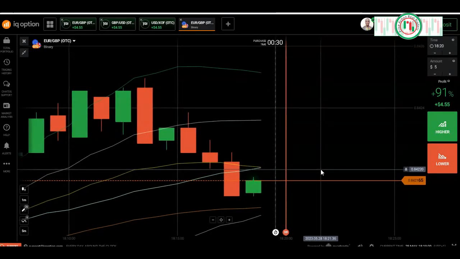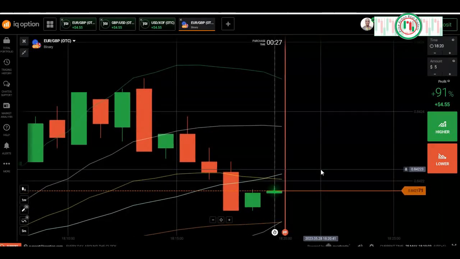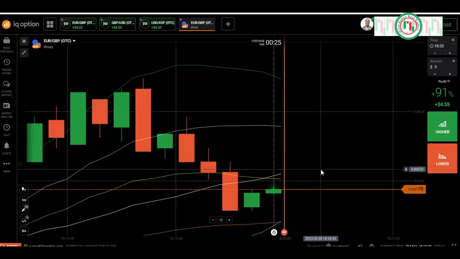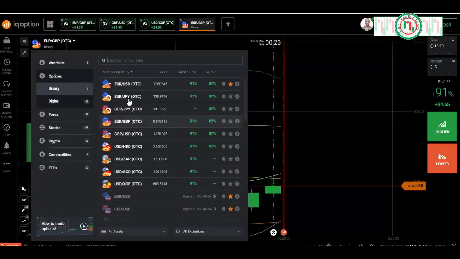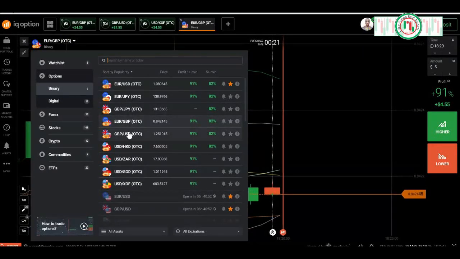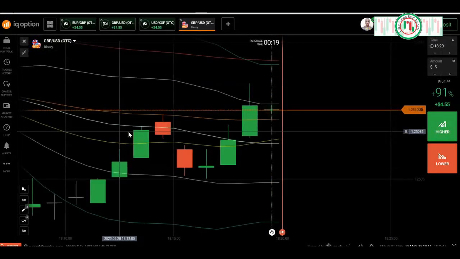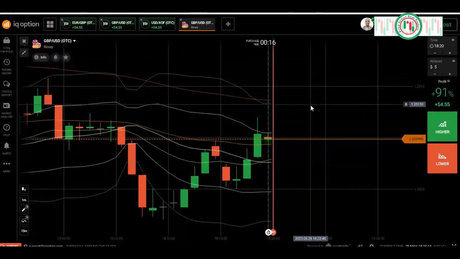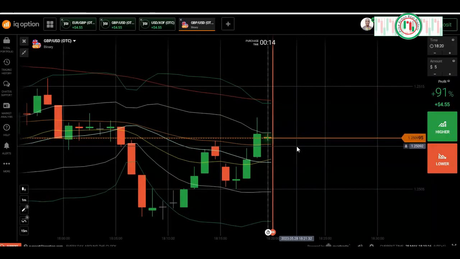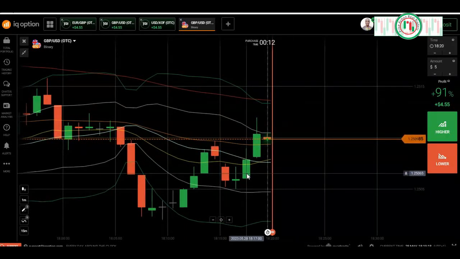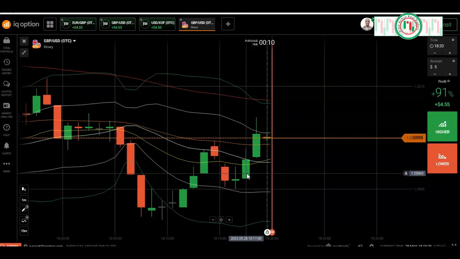So if market touches this level, let me change. I'm not convinced with this one. Yes, here you see we are in range mode as well. Here we are ranging.